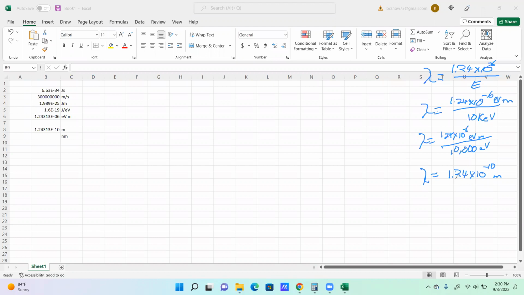So if I want to take this and convert this into nanometers, essentially what I'm going to end up doing, that's kind of difficult to see a little bit, is essentially I want to take the decimal point.